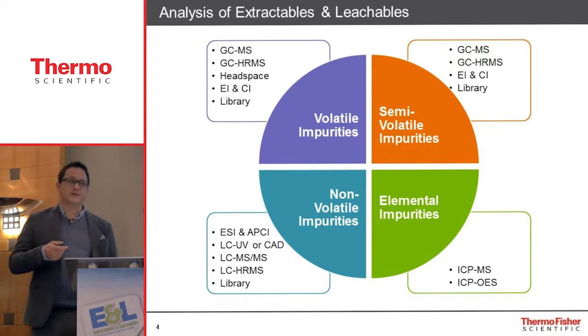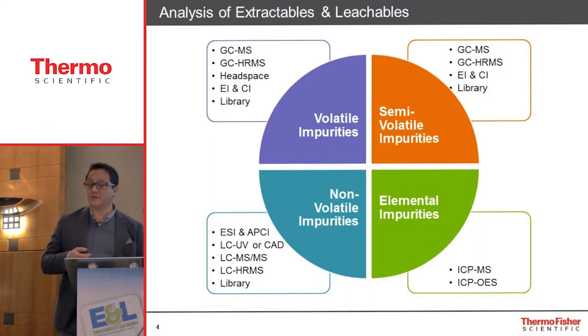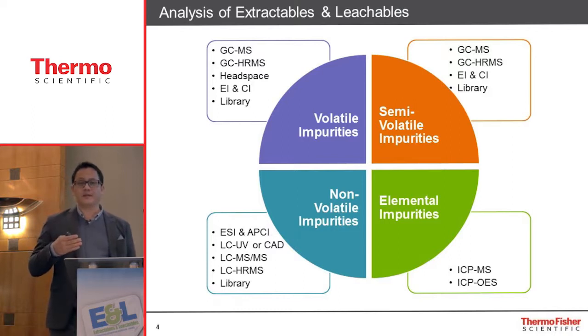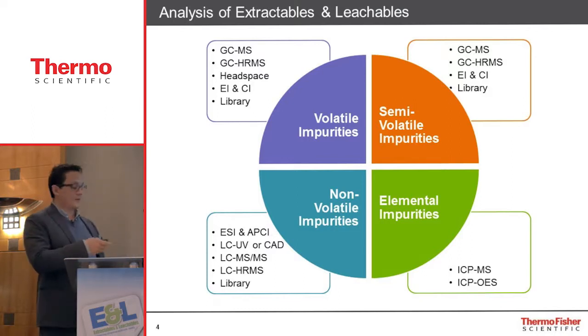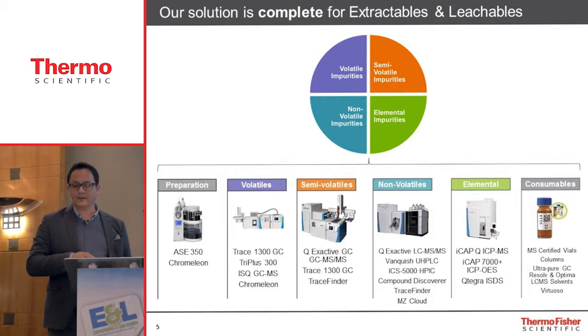So there has been a general movement from mass spectrometry to high-resolution mass spectrometry, both for LC and GC amenable compounds, often complemented with orthogonal detection such as UV, or more frequently today we see charged aerosol detection as a universal detector for unknowns.